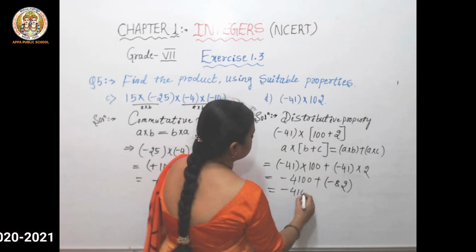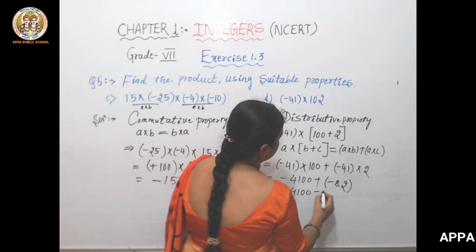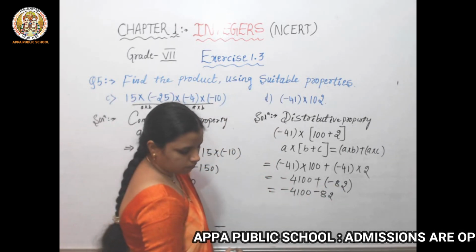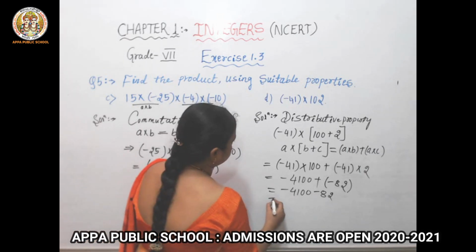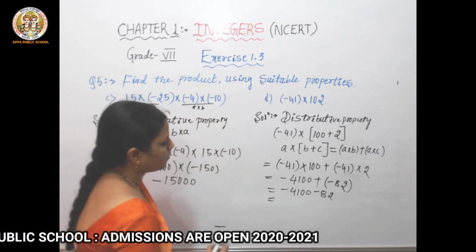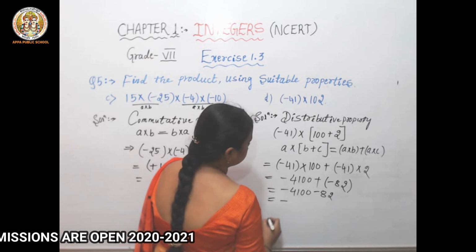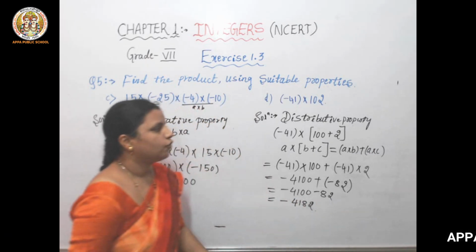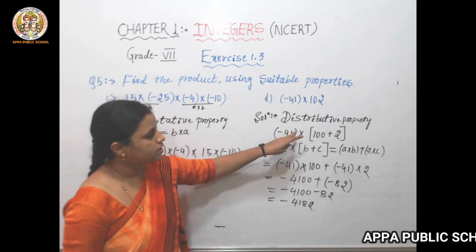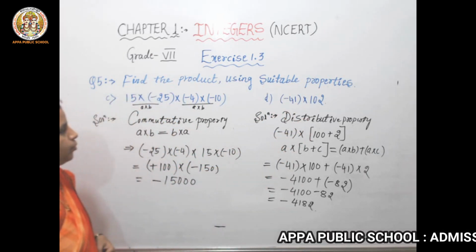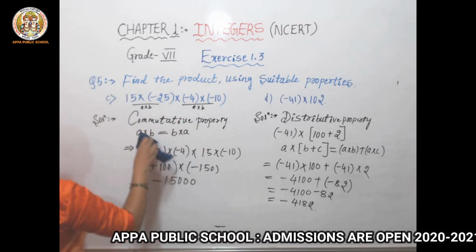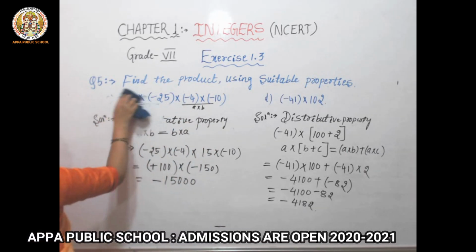Minus 4100 plus into minus as minus 82. When you add these two, it is minus 4182. See, for two elements how we are using the distributive property. And the next one is E. E question.